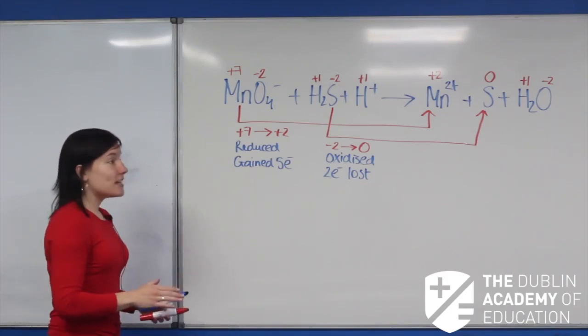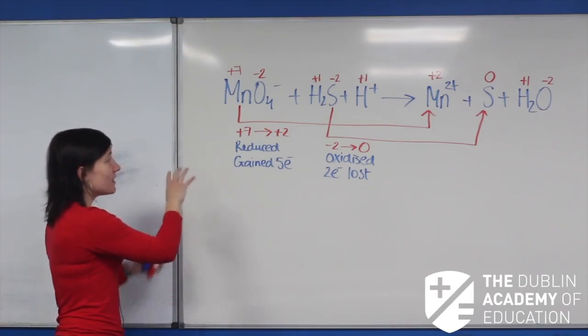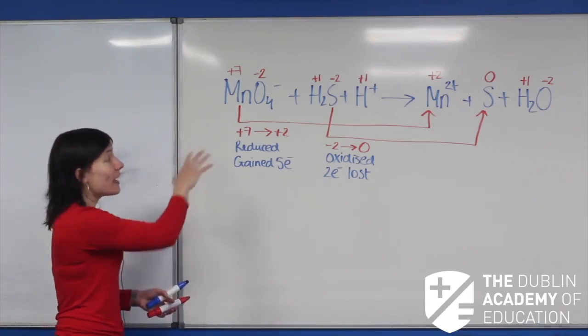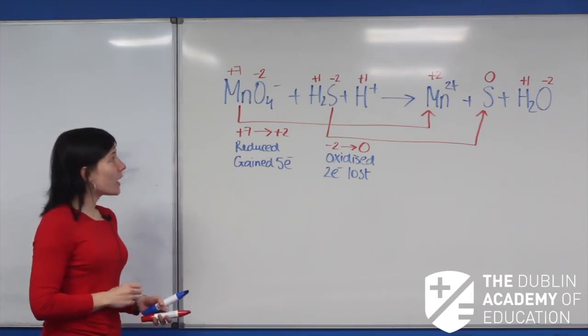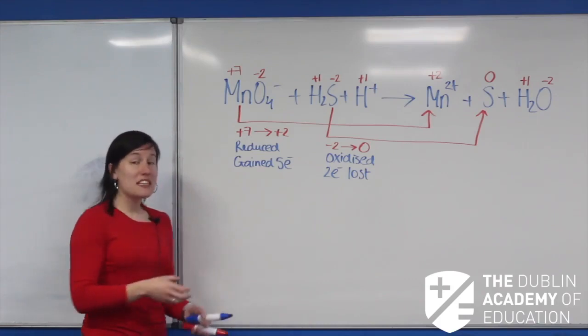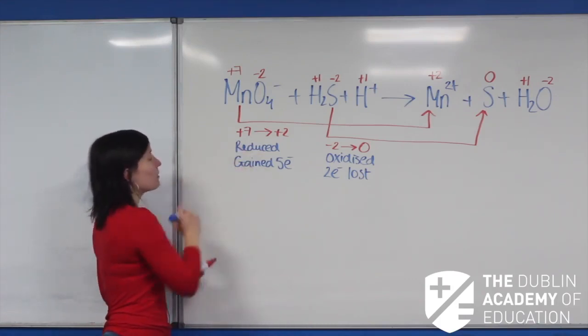The next thing that we need to do is we need to now take out our oxidation and our reduction equations. So we separate them out from the main equation. Okay, so I'm going to rewrite them as separate equations on their own. We describe these as half equations. Okay, now I'm going to start with the reduction reaction.